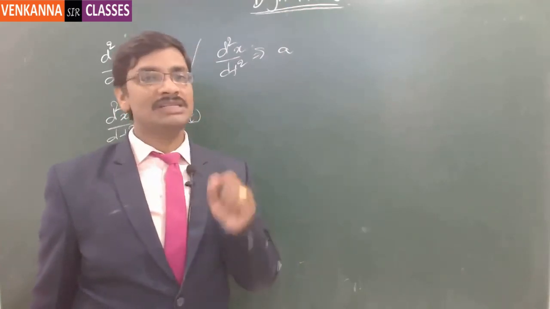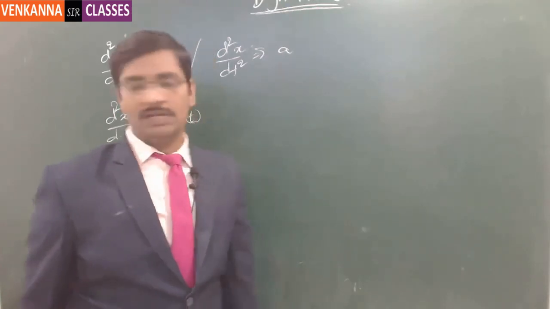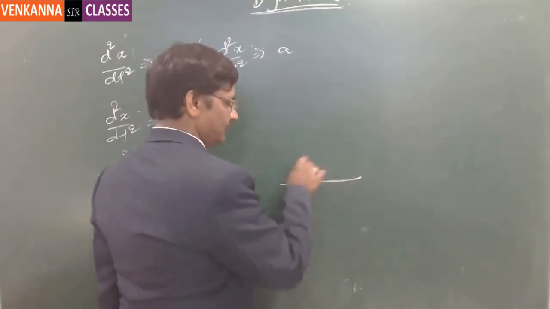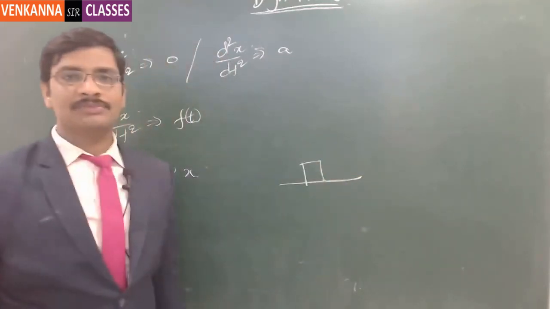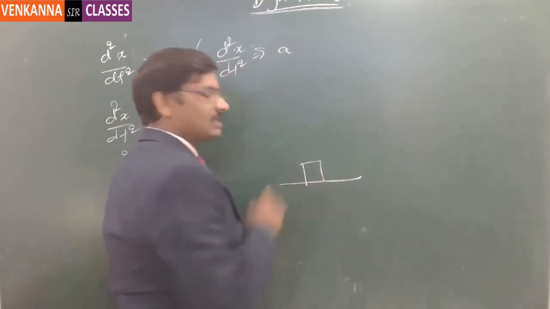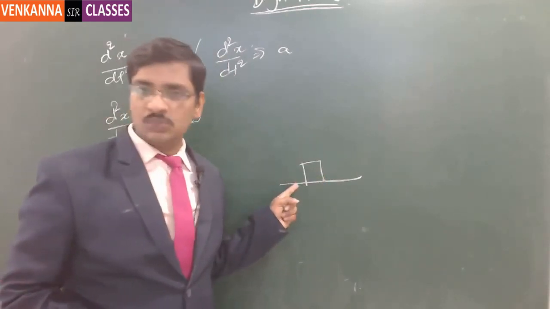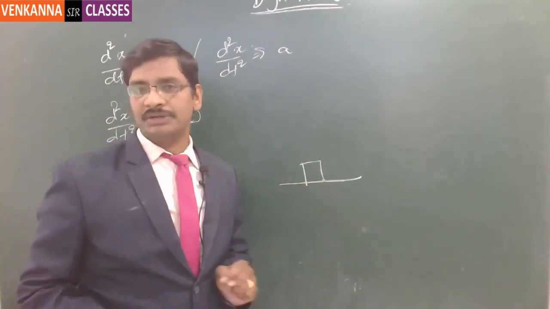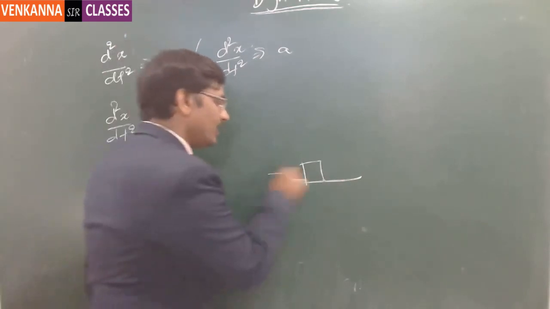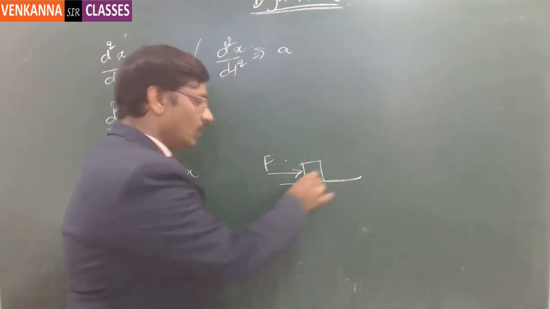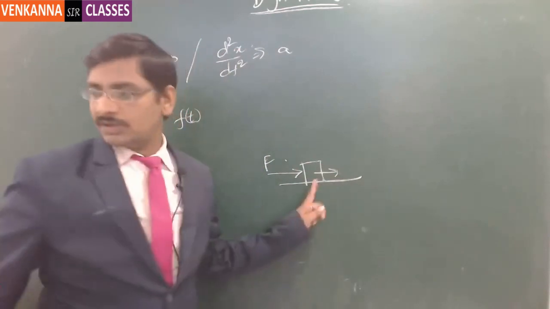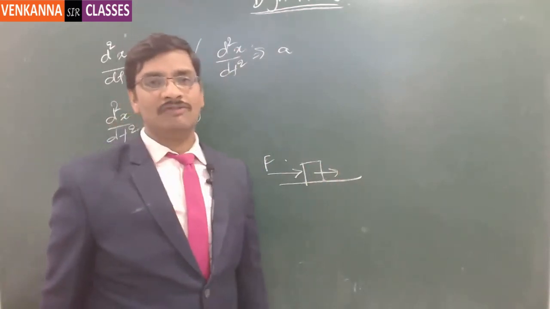That means if there is a block like this, unless I apply an external force, it won't move from this location to that location, right? If I give an external force like this, then only it will try to move from that particular location. This is the first law.